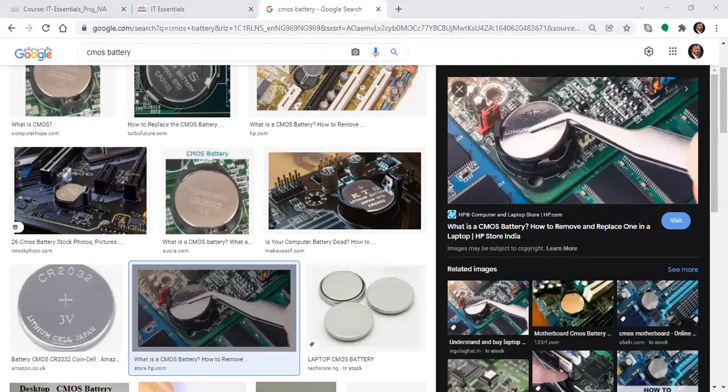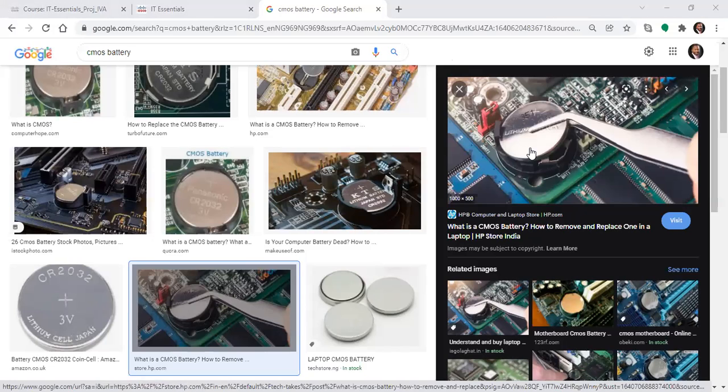Now, this battery you see, as small as it is, if it's missing from your motherboard, your computer system will be resetting to the factory date.